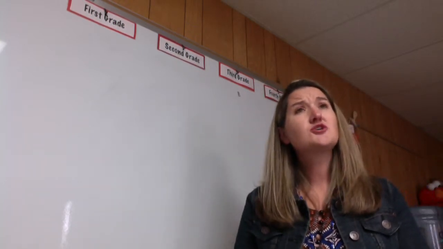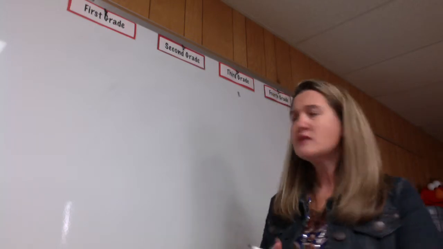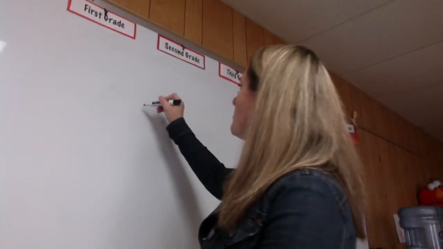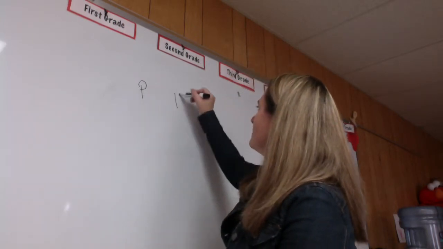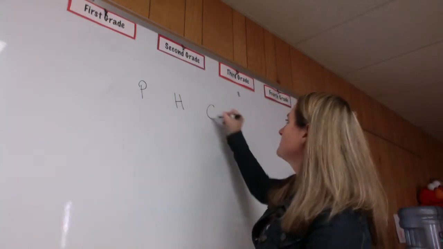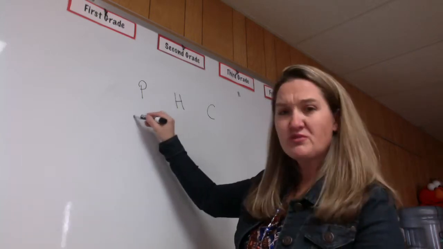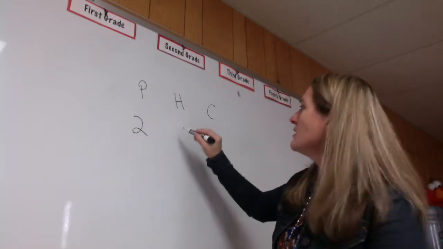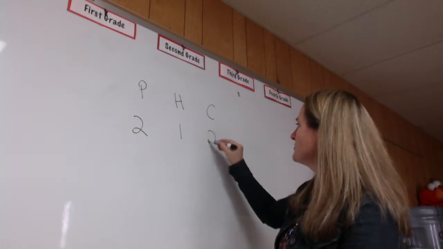Say I talked to those 5 kids, and I gave them the choices: pepperoni, hamburger, and cheese. Well, 2 preferred pepperoni, 1 preferred hamburger, and 2 preferred cheese.